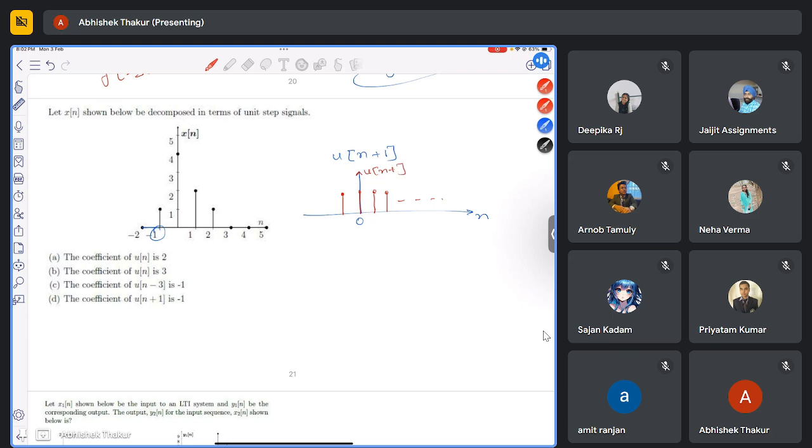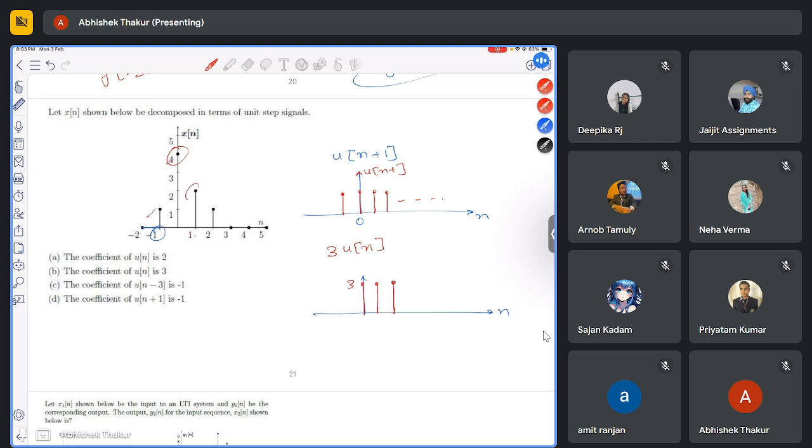Now at the second unit, the value is 4, so we will write 3 into u[n]. What will be 3 into u[n]? This value will be 3 and all values will be 3. Okay, these two we got.